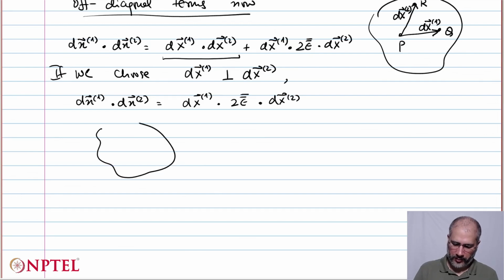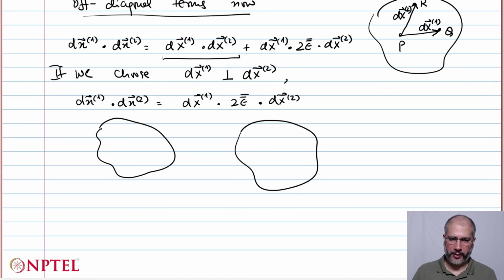What's happening here is, let's say these are the undeformed and deformed configurations. So we have a point P. We've chosen a point Q like this, and the point R is chosen here, so that the angle is a right angle.